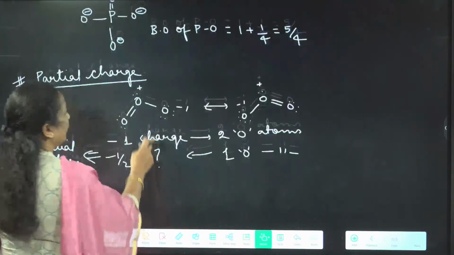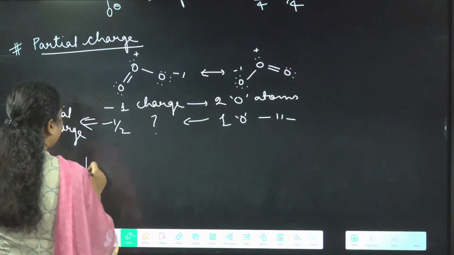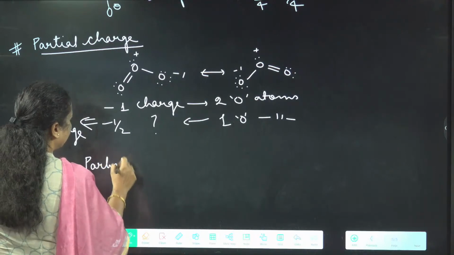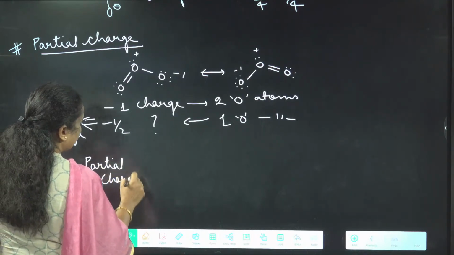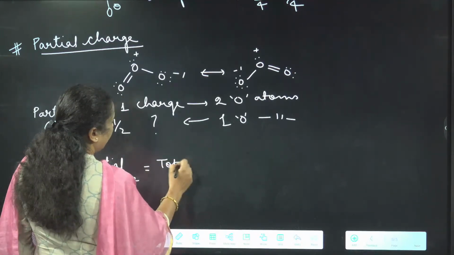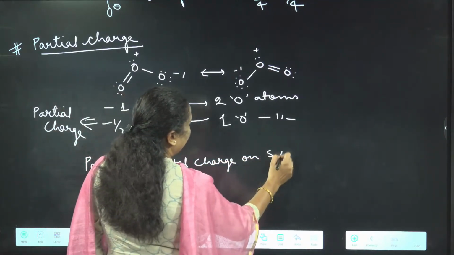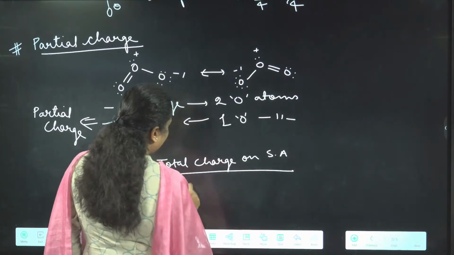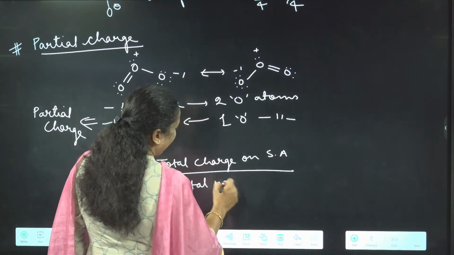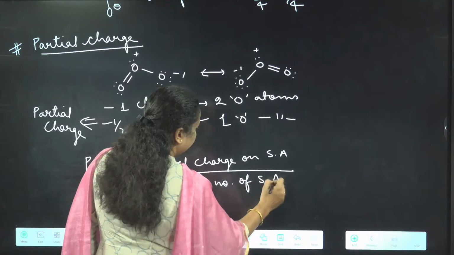Right? So for that, they can ask you, or else we can also have the formula which says partial charge is equal to total charge on surrounding atoms upon total number of surrounding atoms.